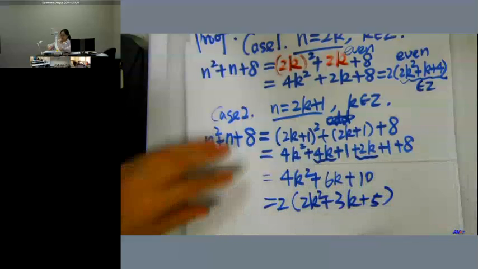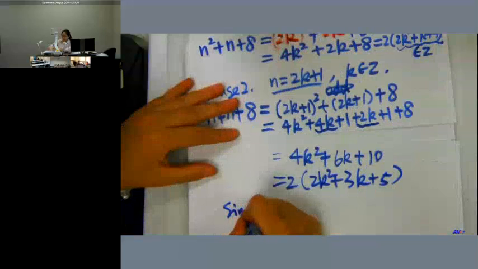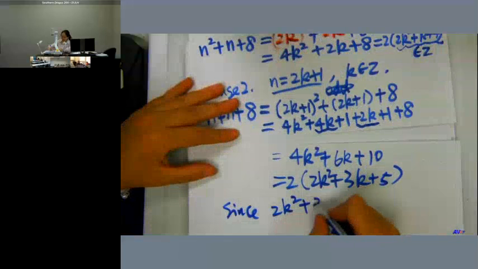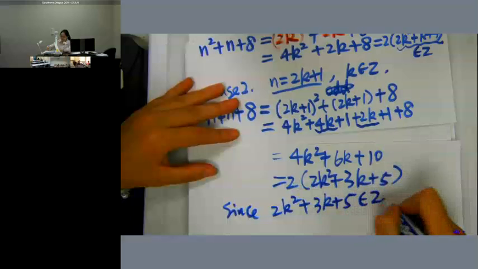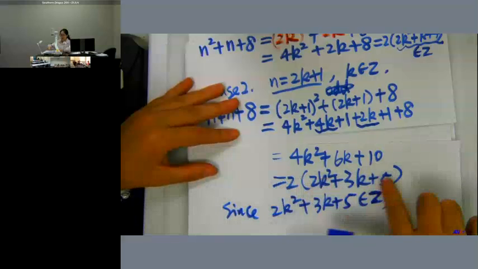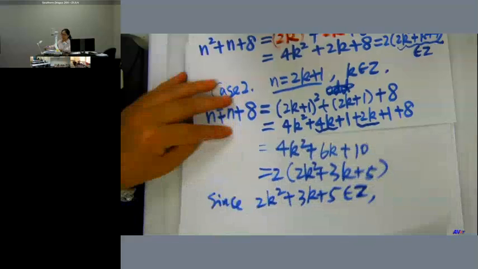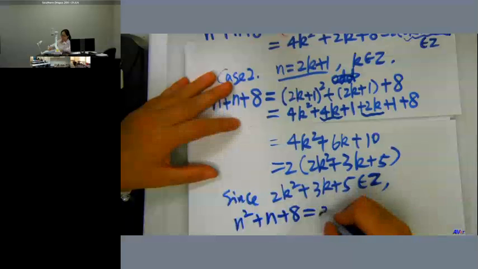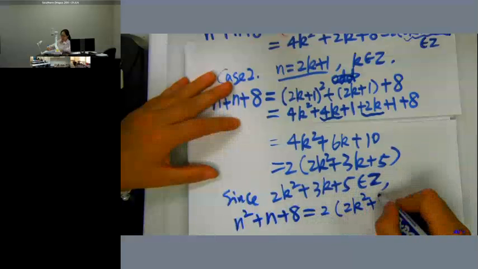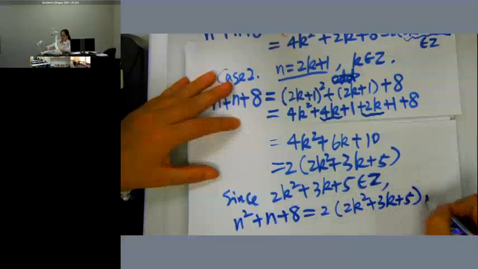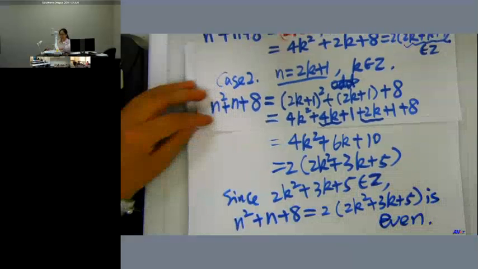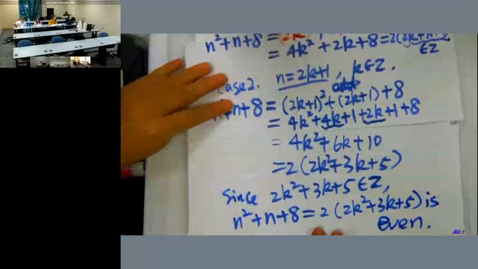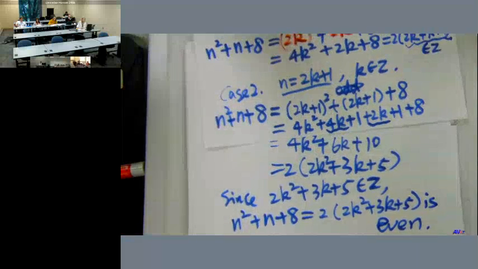Now, again, this is an integer since 2k squared plus 3k plus 5 is an integer. 2 times an integer, of course, is an even number. We can say n squared plus n plus 8 equals 2 times this integer, which is even. Any questions?